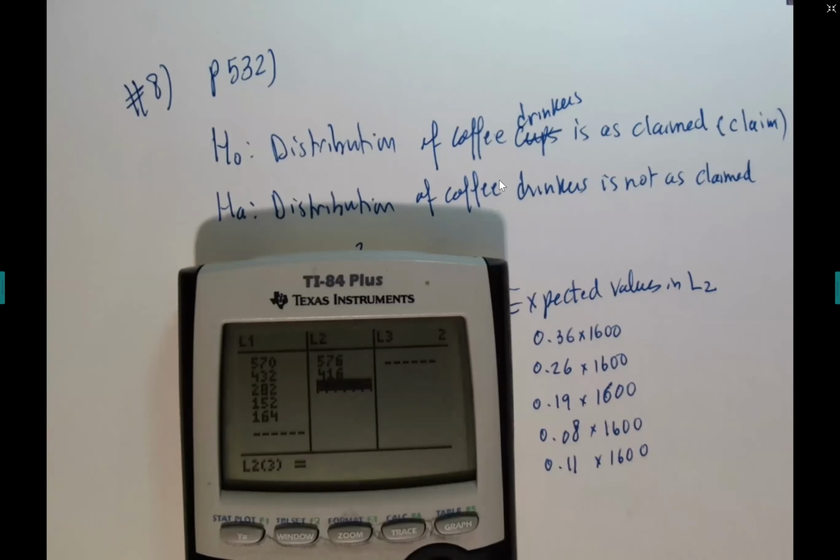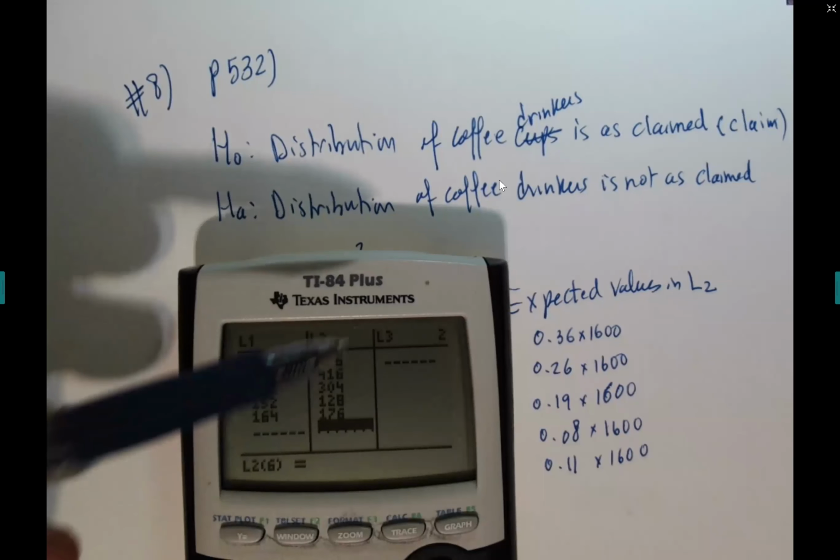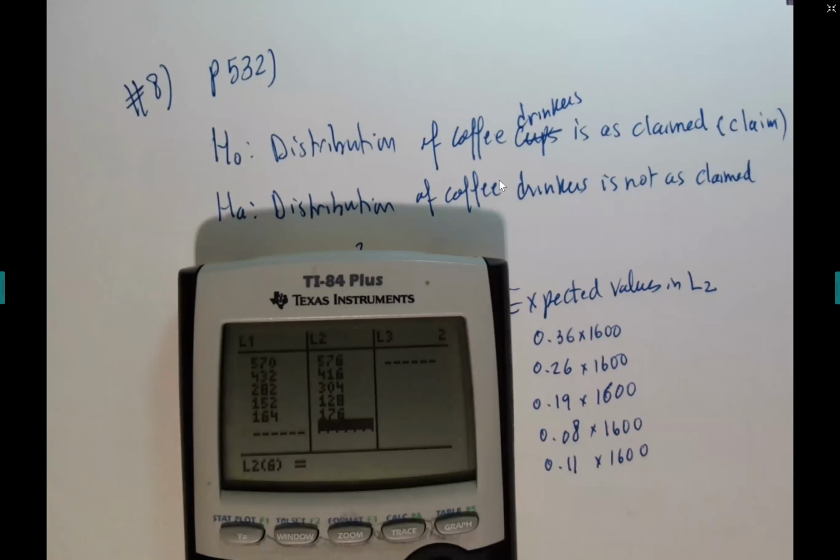Again, that's close. 0.19 times 1600. 0.08 times 1600. And then finally, 0.11 times 1600. If you add those up, you're going to get 1600. And if you add the observed ones up as well, you're going to get 1600.